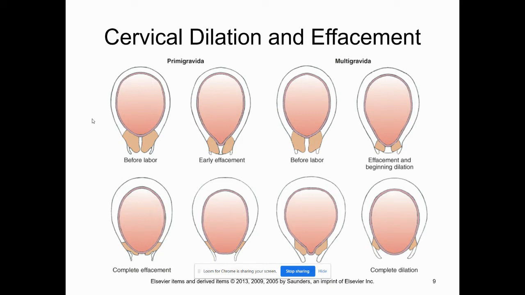So thinned and shortened in preparation for the birth. Dilation is that opening in centimeters, and this diagram is kind of showing you what that might look like and the differences in the primigravida and the multigravida between before labor and then effacement and dilation, the stages through which we go through.